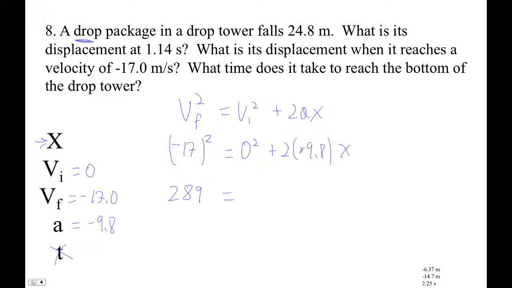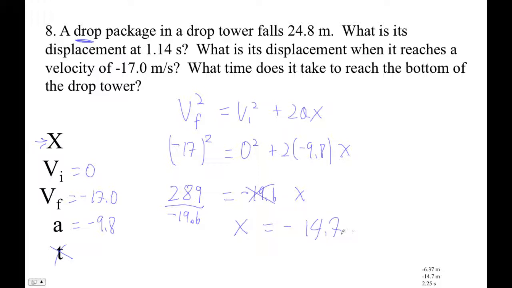That equals 2 times negative 9.8, that's negative 19.6, times x, and now we can solve that for x. Let's divide both sides by negative 19.6, to get rid of the multiplication. Okay, I'm getting that x is negative 14.7.